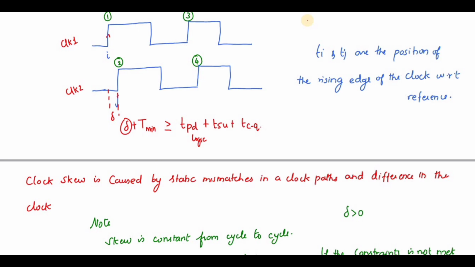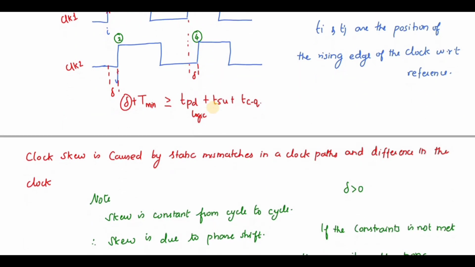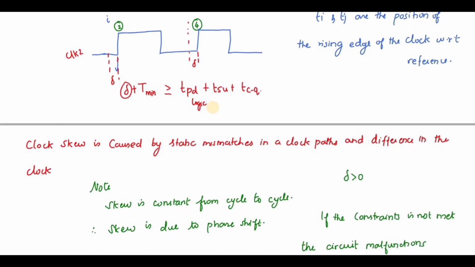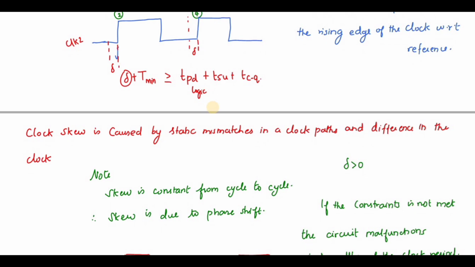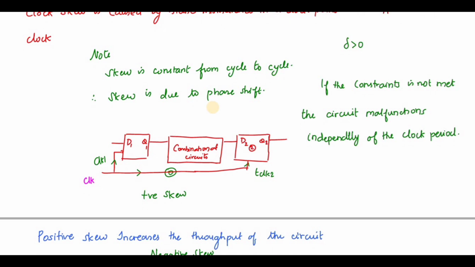If Ta and Tj values are fixed, it means it will be fixed for the entire cycle. This value is also del. If this is 2, this is also 2. So it will be constant from cycle to cycle, and it happens due to the phase shift. Because of this, the timing gets increased.